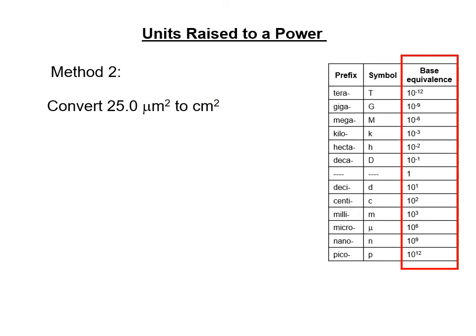All right, so now let's go over the second method of solving this problem. Another way to solve this, which is the same idea, except I'm not going to write it out in the expanded form, is I'm just going to write this as 25.0 micrometers squared. And then I'm going to write the conversion, which is micrometers on bottom, centimeters on top, right?